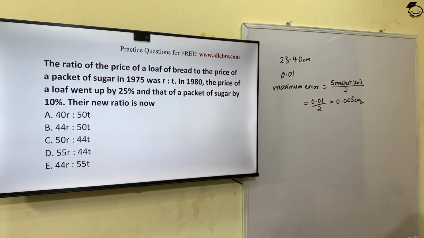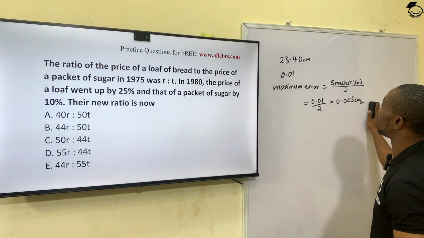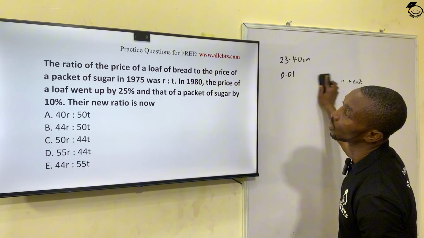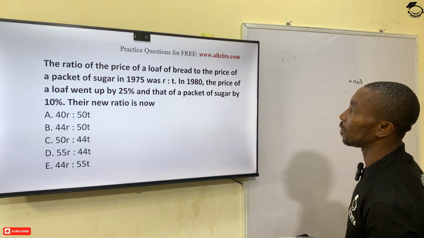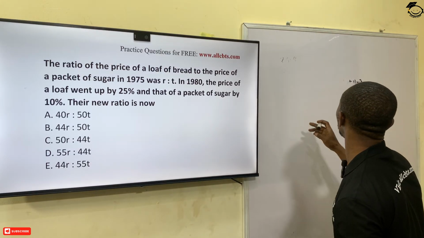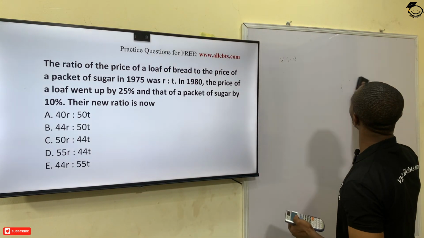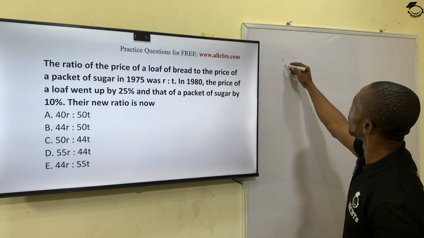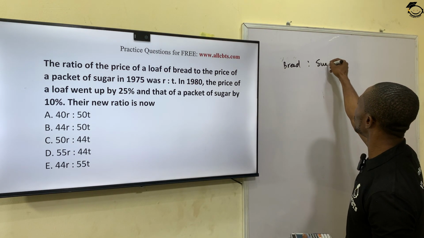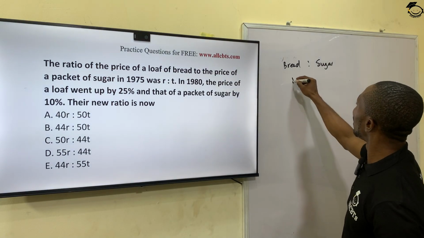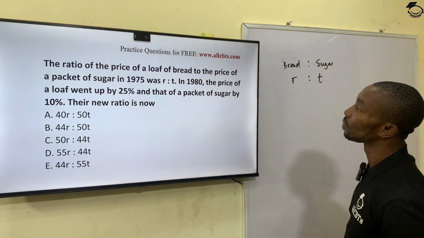Now, the ratio of the price of a loaf of bread to the packet of sugar in 1975 was R:T. We have bread is to sugar, R:T.